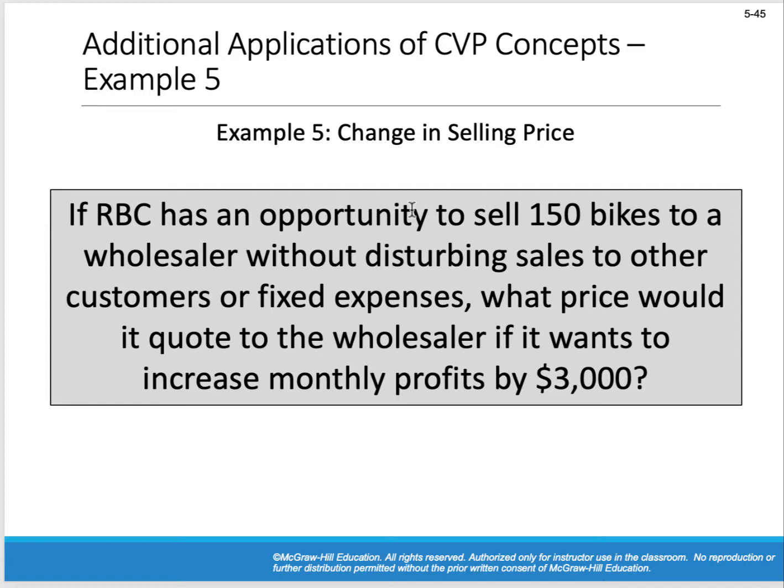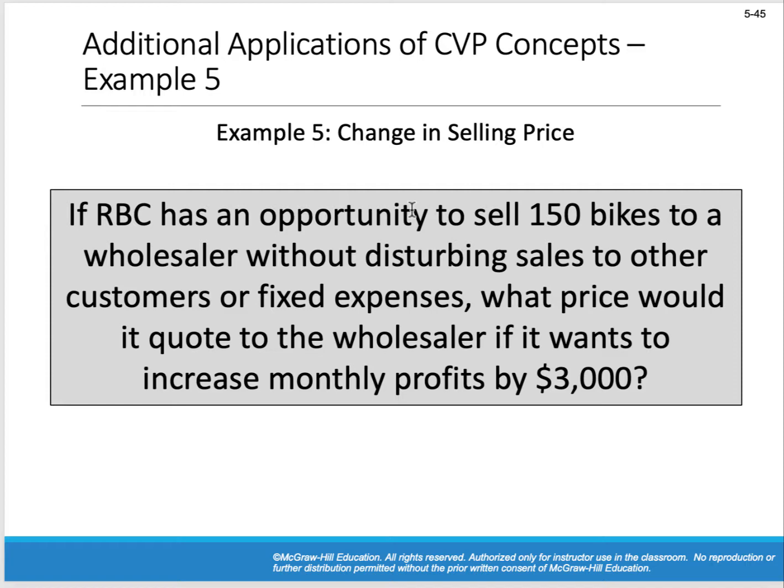Target comes to us and says, hey, I want to buy 150 bikes from you. We say, well, okay. We already have sales of 500 that we sell to other people. Can I accept this sale from Target without impacting my current customers? Meaning, do I have to take away from my current customers to fill this sale for Target?